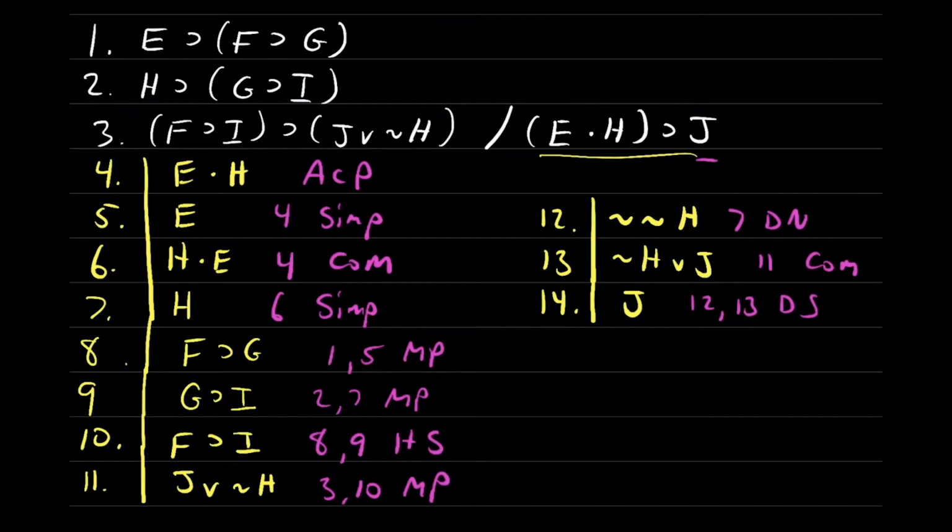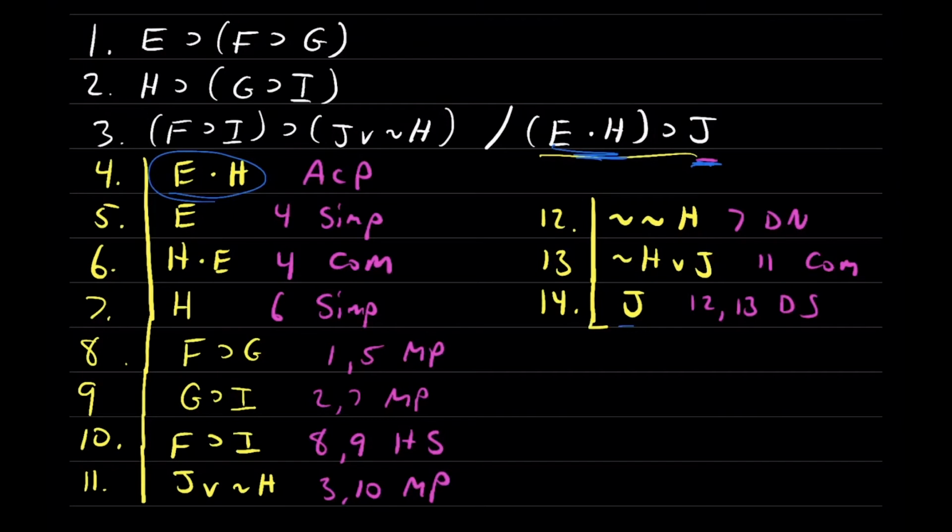Now look what I've done. Again, just to reiterate, I started out by assuming the antecedent of the conditional in the conclusion, E and H. The goal was to get J on its own line inside the scope of that indented sequence, which I just did. So I'm done with my conditional proof sequence.